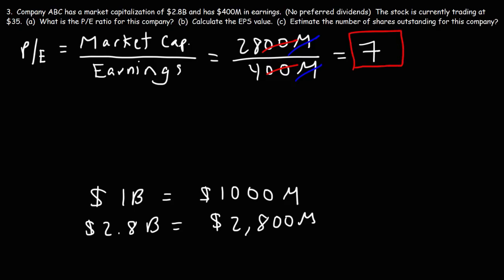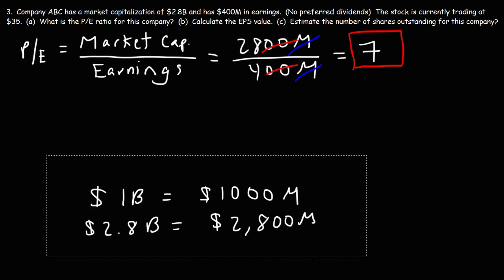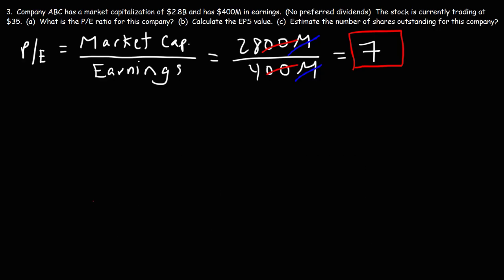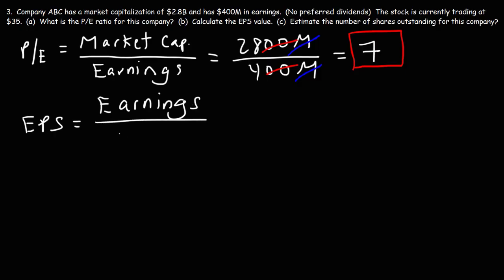So now that we have the PE ratio, let's move on to part B. Let's calculate the EPS value. The equation that we've been using before to calculate the EPS value is this one. We took the earnings of the company and divided by the shares outstanding.